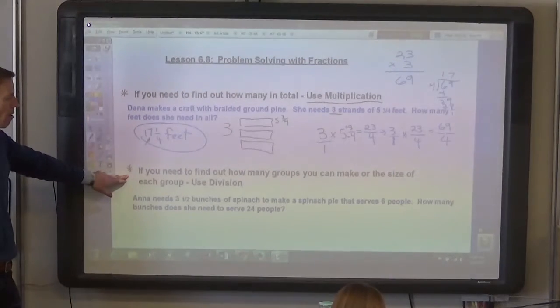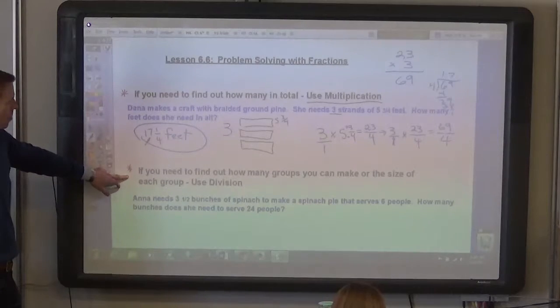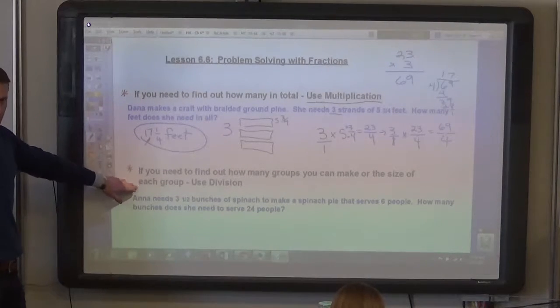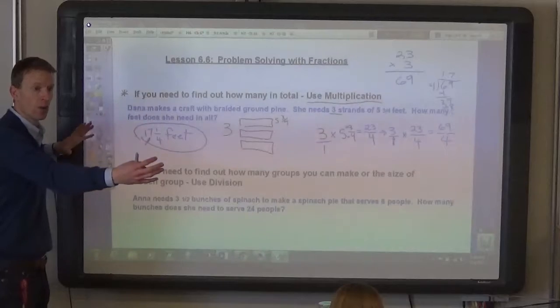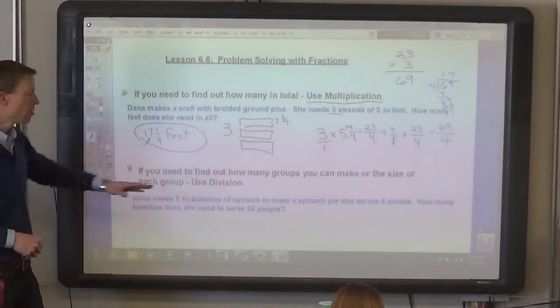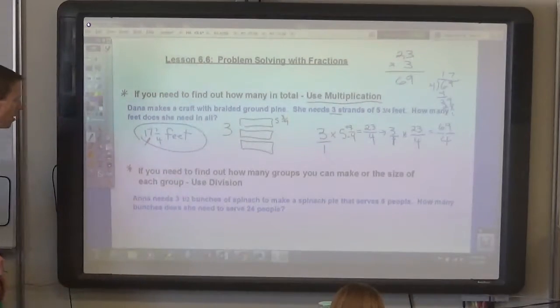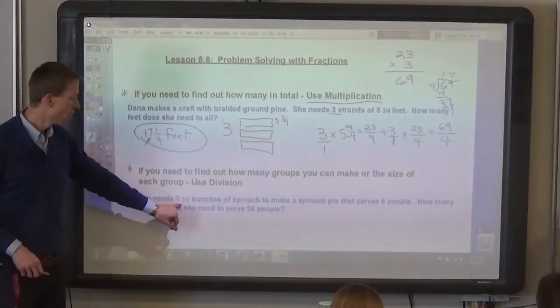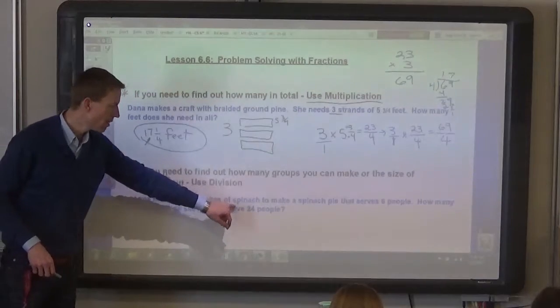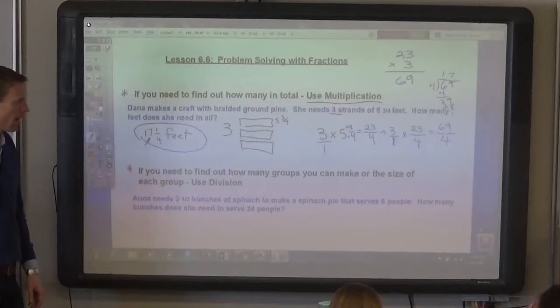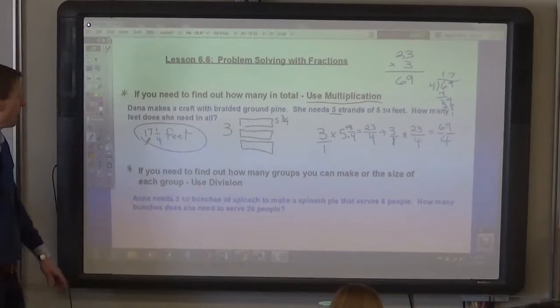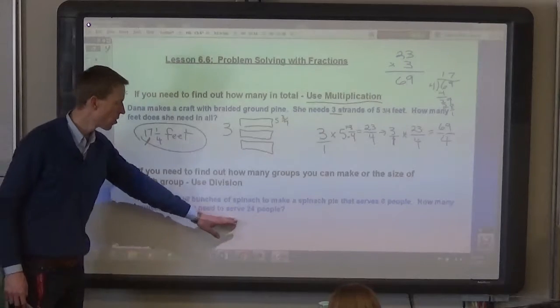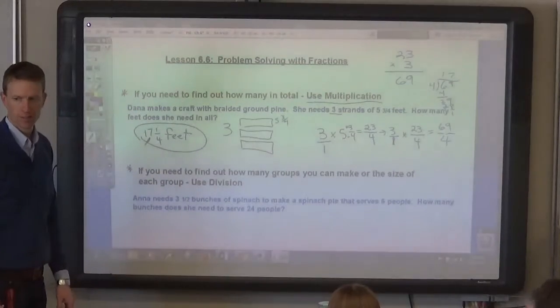If you need to find out how many groups you can make, or the size of each group that you're making, when you're given a total, then you use division. So, Anna needs 3½ bunches of spinach to make a spinach pie that serves 6 people. How many bunches does she need to serve 24 people?